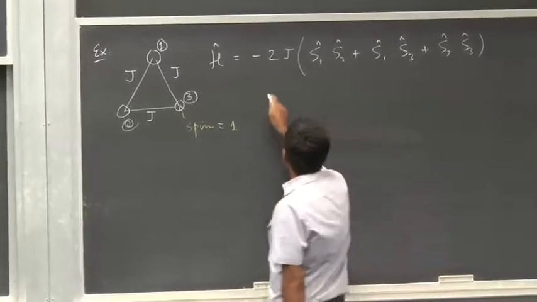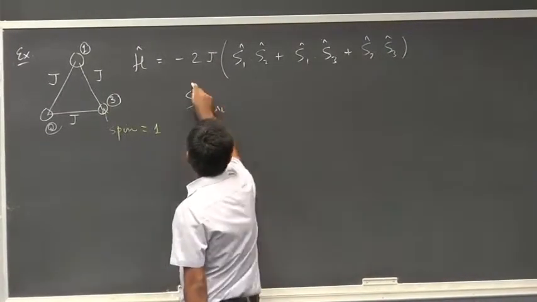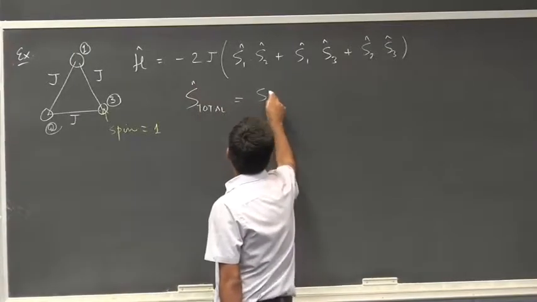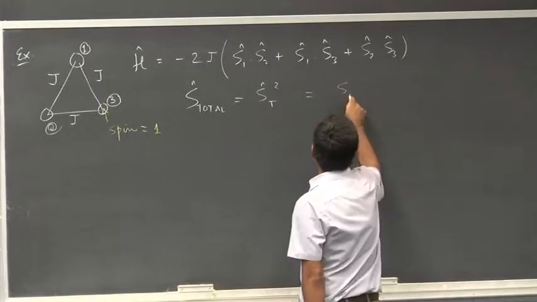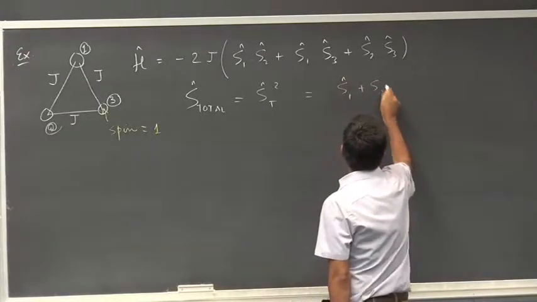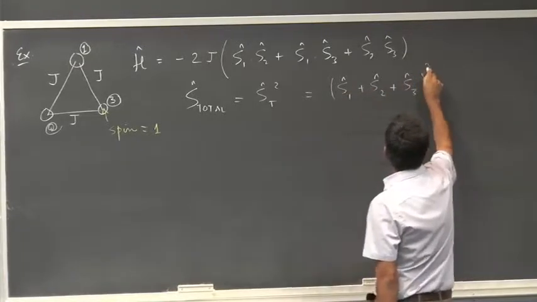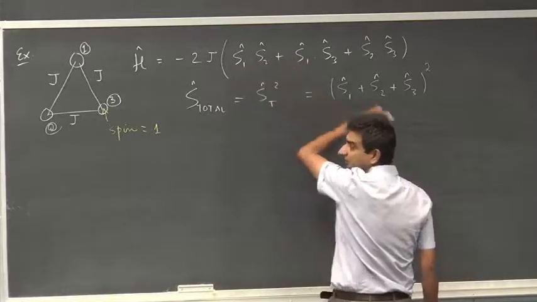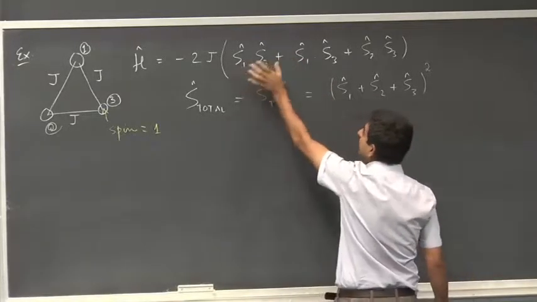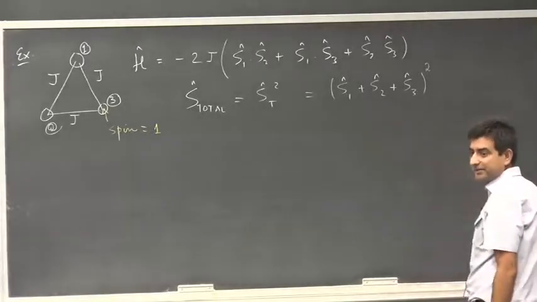I know that the total spin squared, S_T squared, is given by (S1 plus S2 plus S3) squared, right? And I am interested in calculating the expectation values of these pairwise terms in their eigenstates. That's what I am interested in calculating.